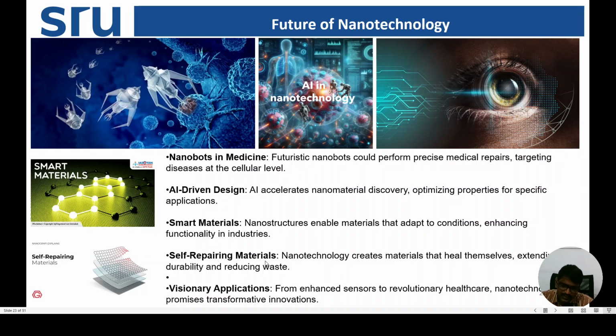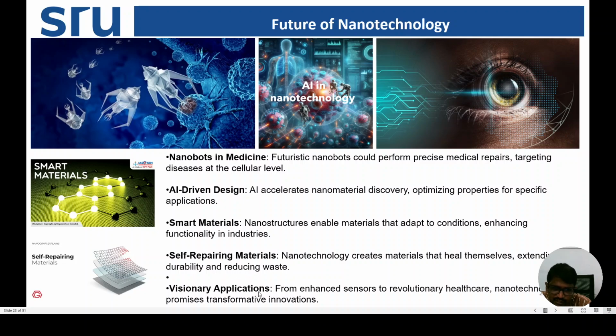For example, if our skin has a cut, with a knife cut, and you apply a material, just like the sunscreen we applied, it should self-repair, right? This may happen soon. Nanotechnology creates materials that heal themselves, extending durability and reducing waste.